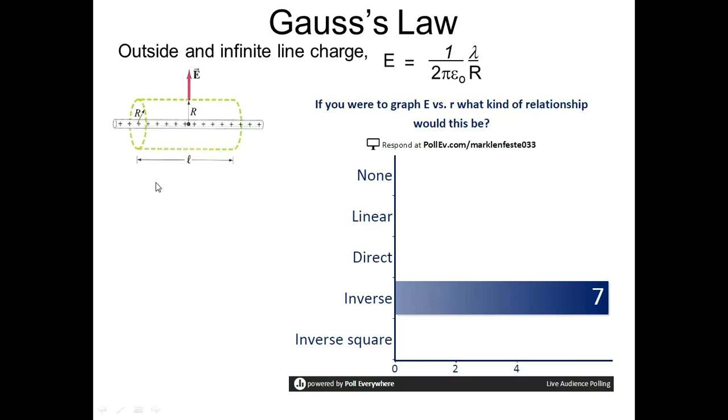And then we did the brute force way of integrating Coulomb's law that you guys absolutely hated the other day, and we also saw an inverse relationship. I want you to think about how easy it was to find the inverse relationship, though, using Gauss's law. Much easier, right?